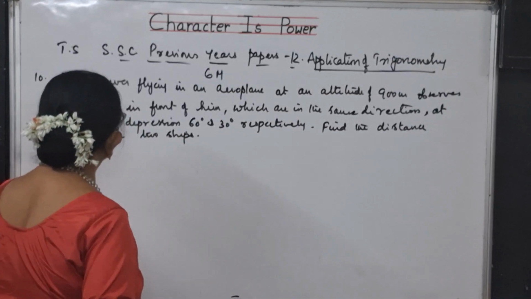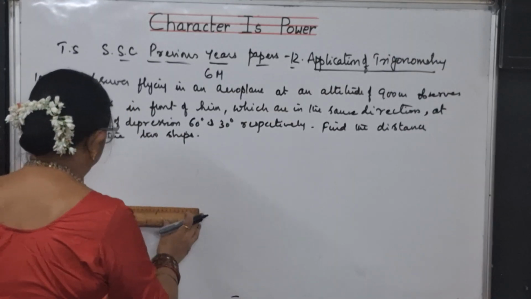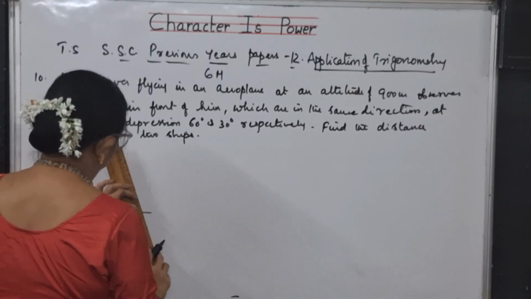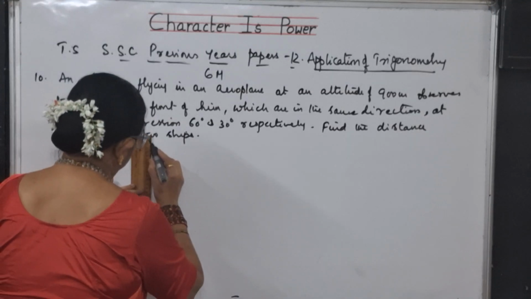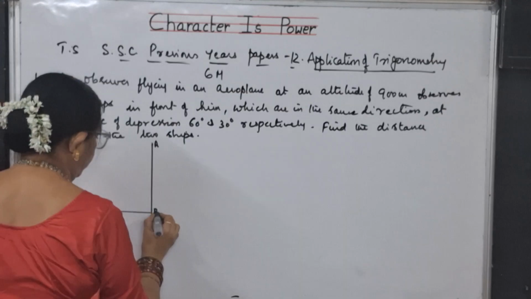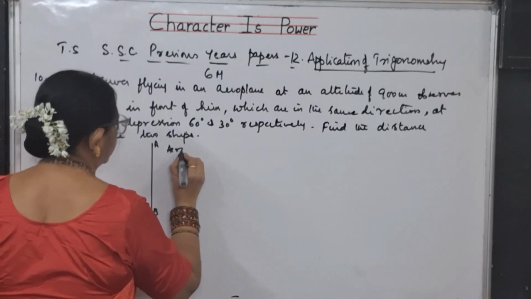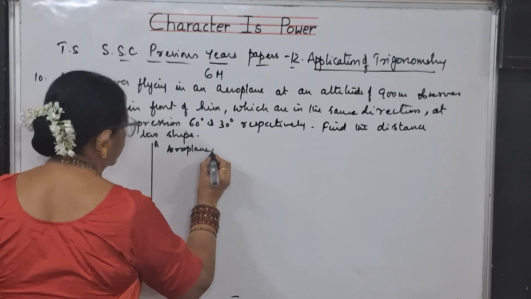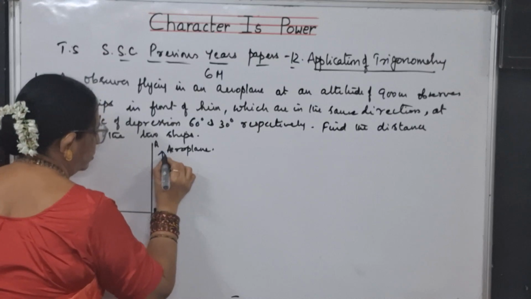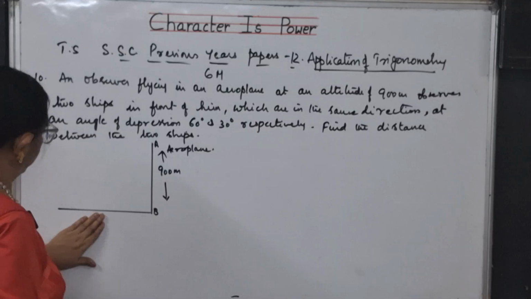So here, what is that? An observer is flying in the aeroplane. So let me take AB. This is the altitude of the aeroplane. How much is it? 900 meters height it is. And here what has he observed?